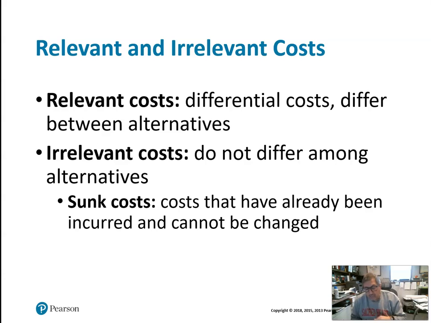We could build Tundras and RAV4s, or we can build Camrys and Corollas. Well, if we're going to build Tundras and RAV4s, we need 100,000 square feet of space. If we're going to build Camrys and Corollas, we only need 75,000 square feet. Well, the problem is we already have built the building, and the building is 100,000 square feet. There's nothing that we can do now.